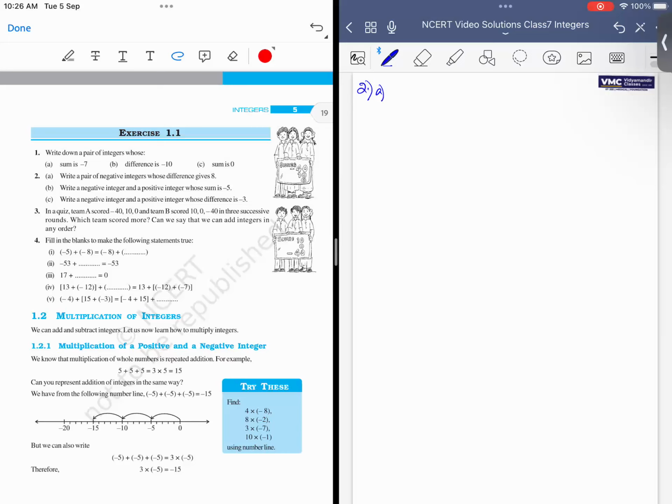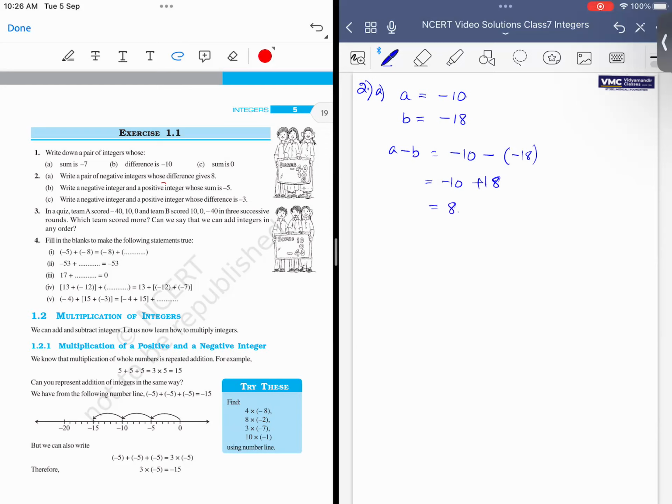Since we have to take both as negative integers, I will take A as -10 and B as -18, right? Now find A minus B.